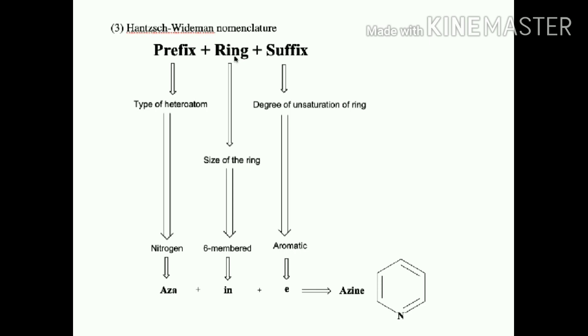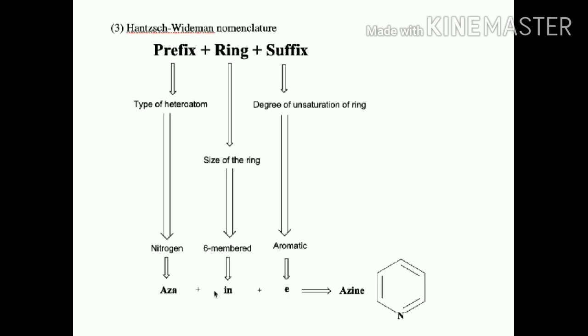How to decide the ring or root word? It is decided by the size of the ring. As we know, pyridine is a six-membered ring. So for six-membered, we need to use the ring or root word ine. Suffix is decided by the degree of unsaturation of the ring. If the ring is unsaturated or aromatic, and if it is 4, 5, 6 membered, then we use the suffix e.